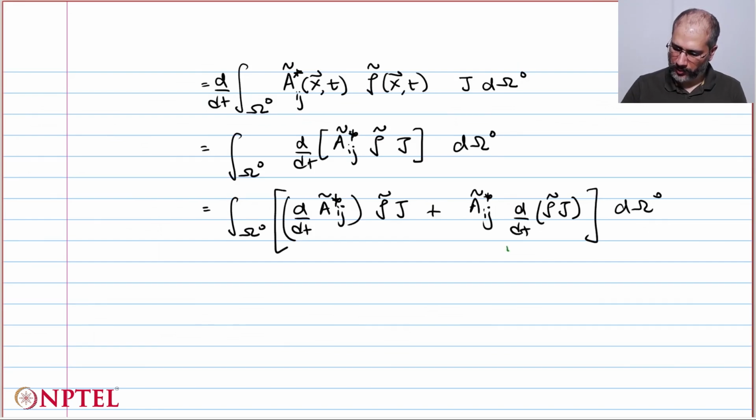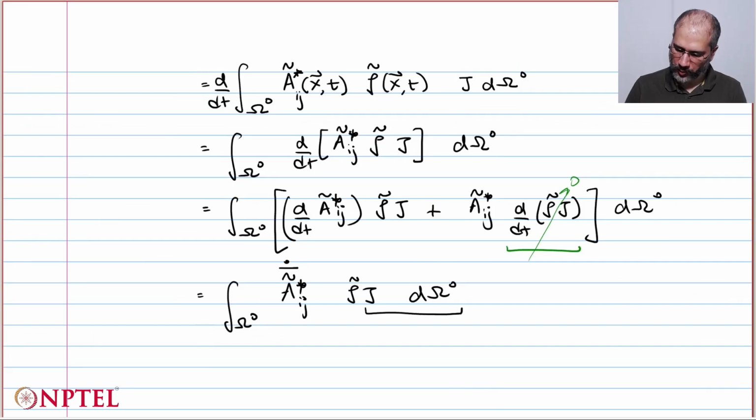Now if you look at this term, if you recall the equation for the conservation of mass written in the Lagrangian form, this was 0. And that is how we'd express the Lagrangian form of the continuity or mass conservation equation. So this is a 0. So we're basically left with the integral over omega naught of A tilde star, with a dot on top to denote material derivative, times rho tilde j times d omega naught.